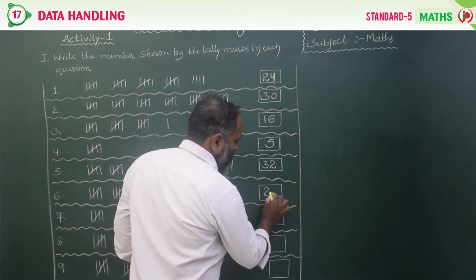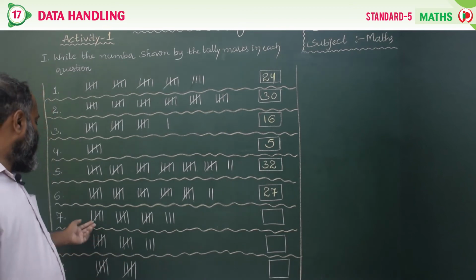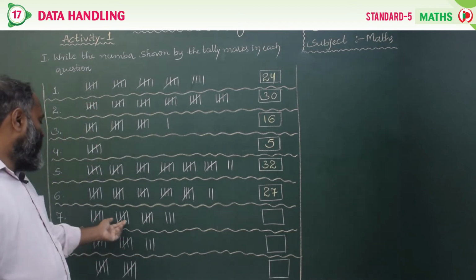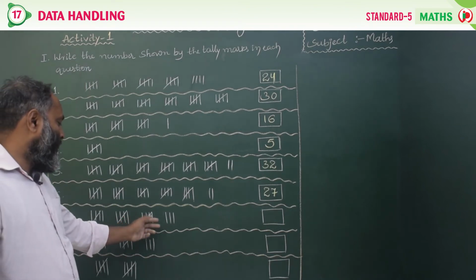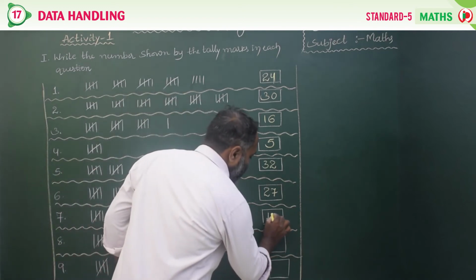Total 27 observations. Now in the seventh one, 5, 10, 15, 16, 17, 18. Here 18.